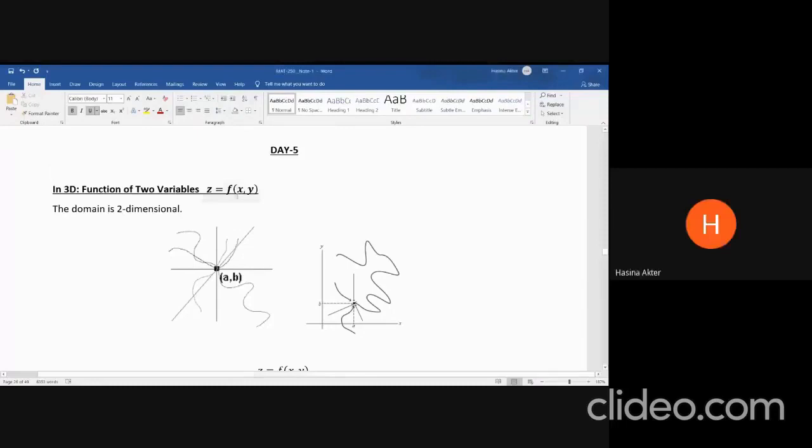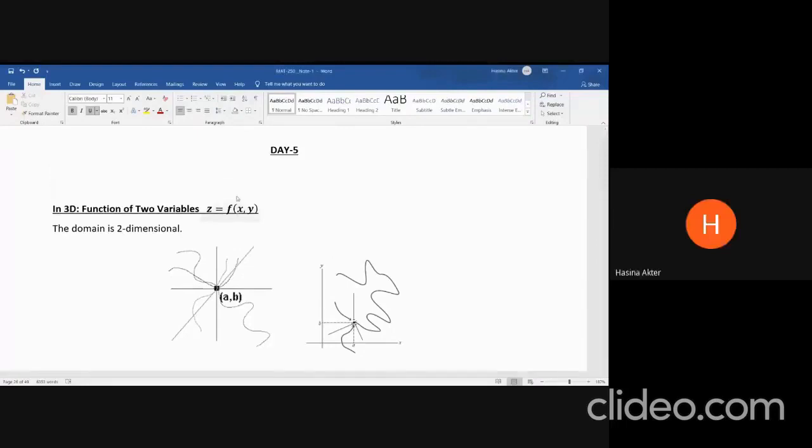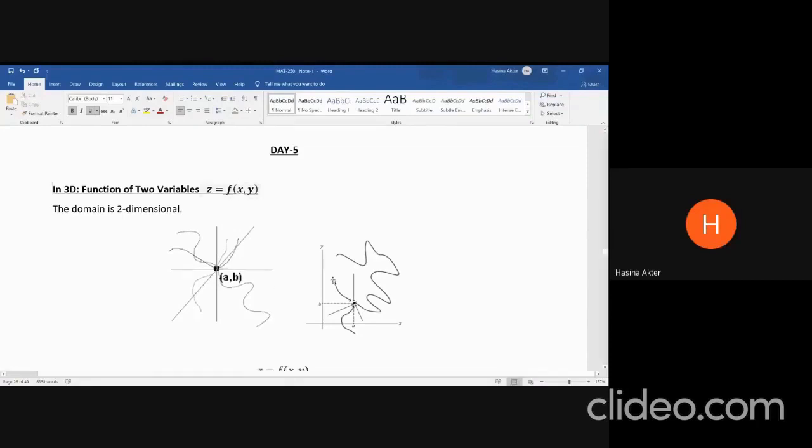So we left the class with the understanding that for a function of two variables, the domain is two-dimensional, right? For a function of two variables, the domain is two-dimensional, and there are infinitely many directions to approach a point, right?